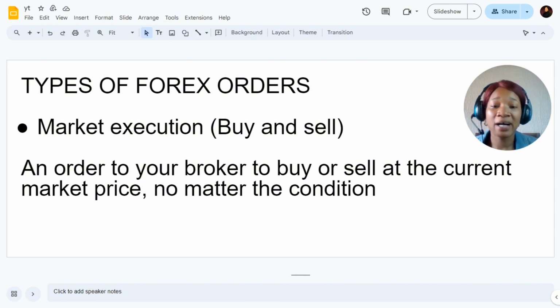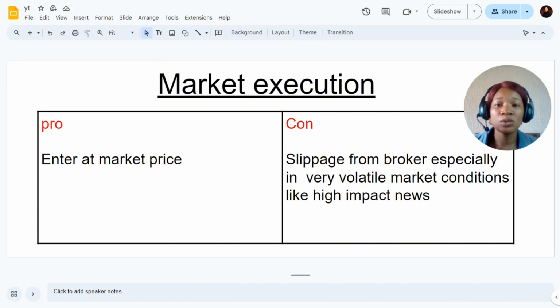So whatever the price is, you want to get in at that price no matter what. This is an order to your broker to put you into that market. You want to benefit from either the buy or the sell, whatever movement that is going on at the moment in that particular asset or currency or whatever it is, right? No matter the condition, you want to get into the market, right?